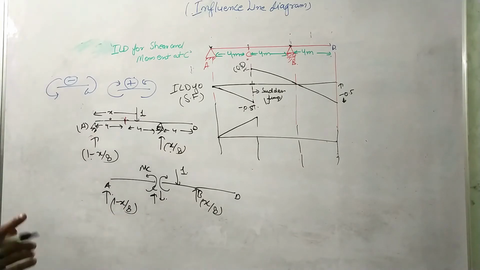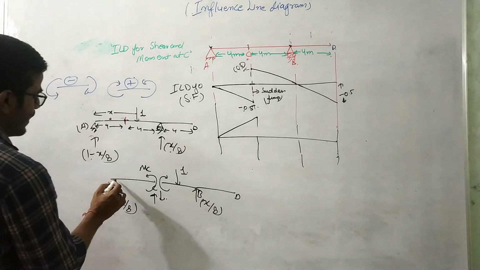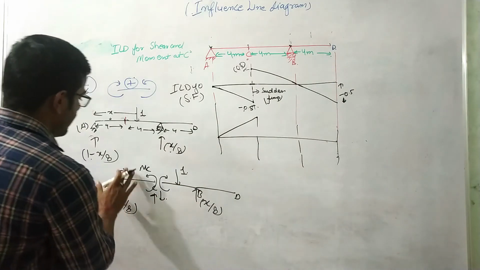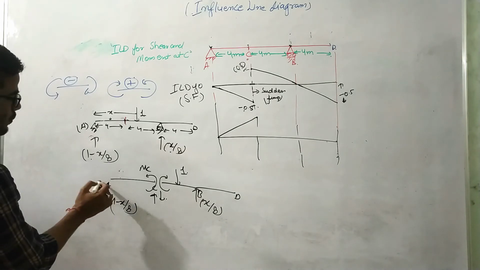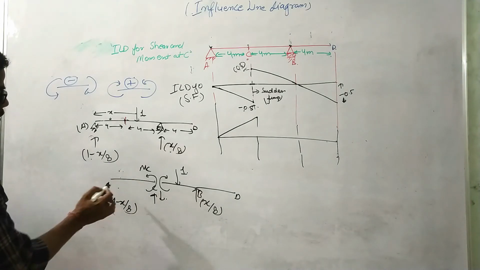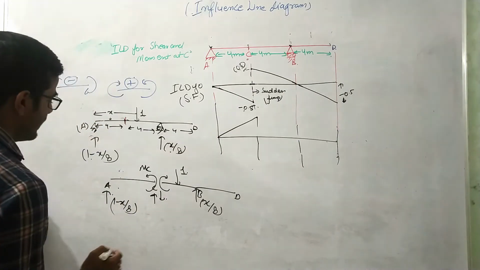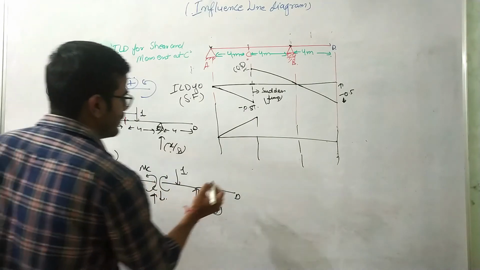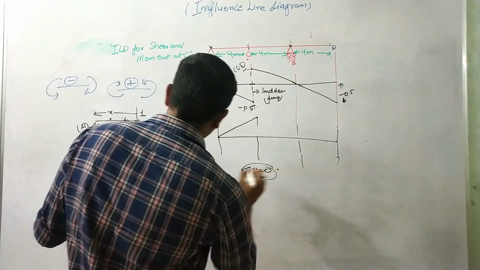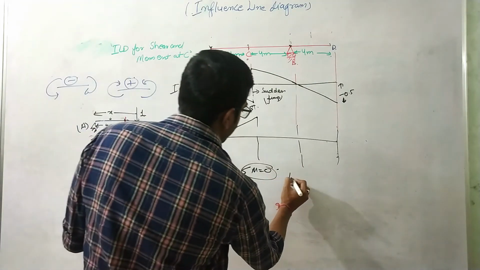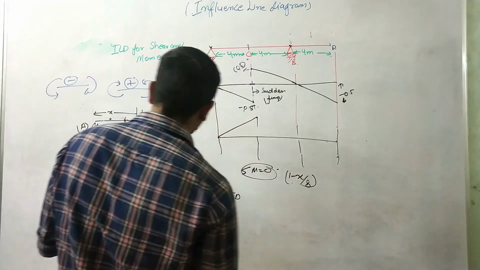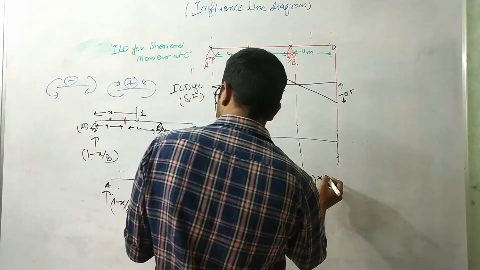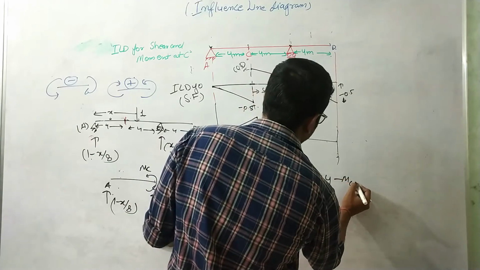Now to find MC, I have two choices: either I choose this side or this section. My calculation will be easy if I choose this portion. If I choose this portion, then if summation M equals 0 about C, I can write (1 minus x by 8) into 4 minus MC equals 0.